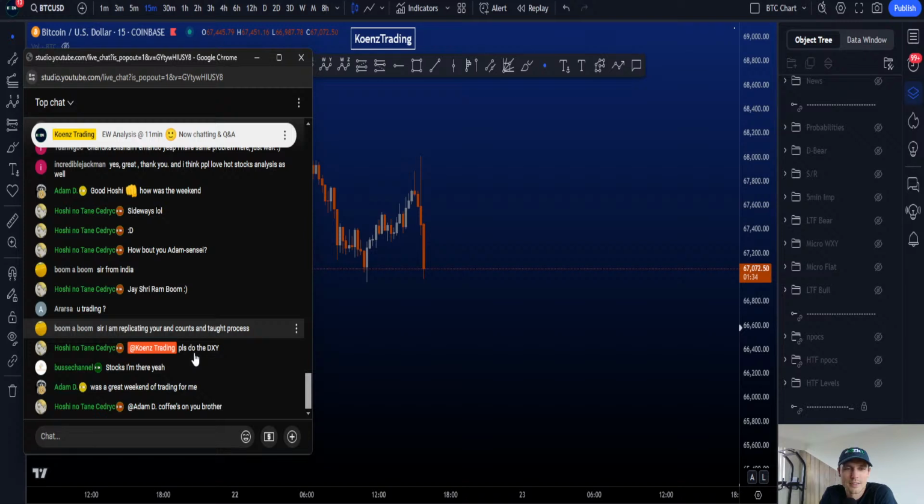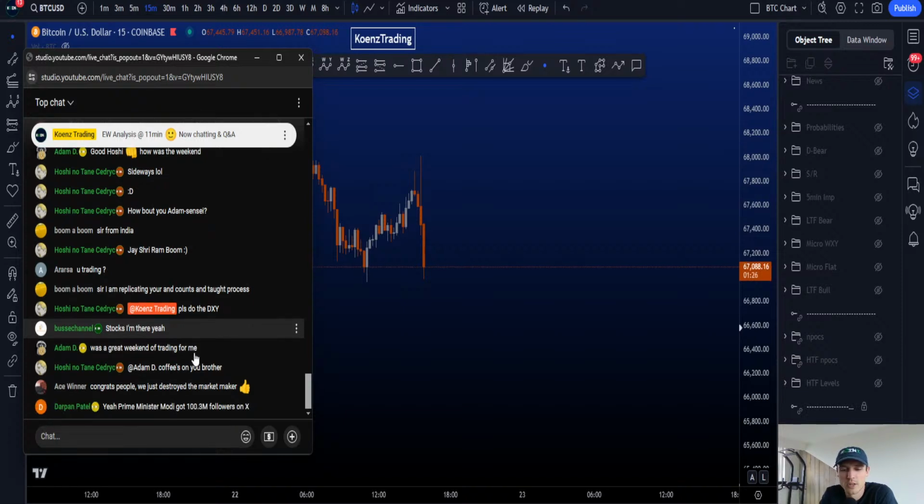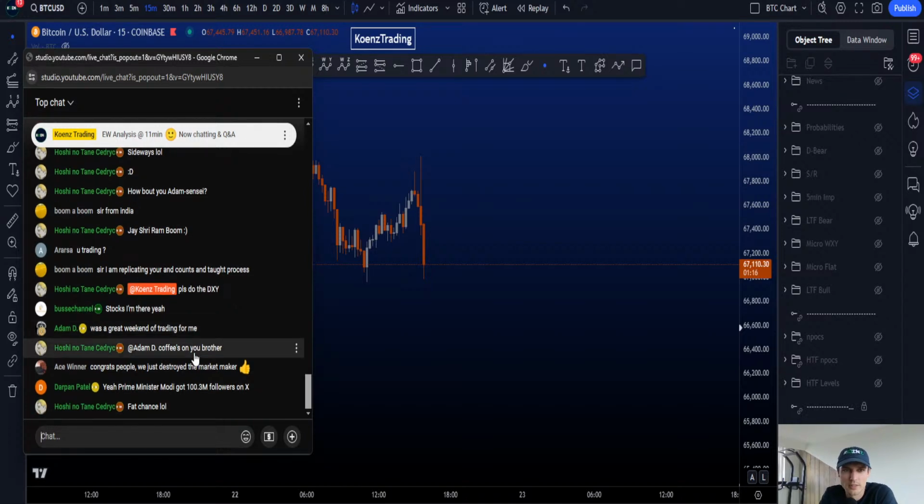And hopefully by replicating, you get an idea of the thought process, which of course you write as well, which eventually leads to understanding the why. Why do I count certain structures the way I do? Why are the probabilities higher for a move up or a move down, right?